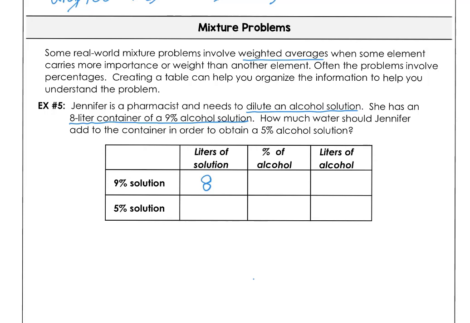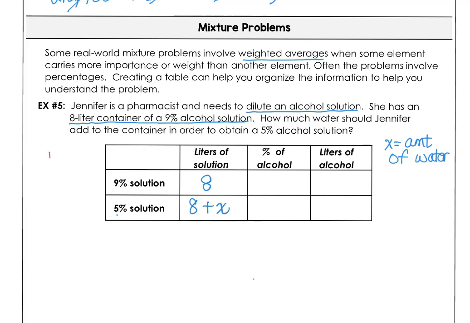So let's let X be the amount of water that she's going to add. She's got 8 liters and she's going to add some water to get it down to a 5% solution.